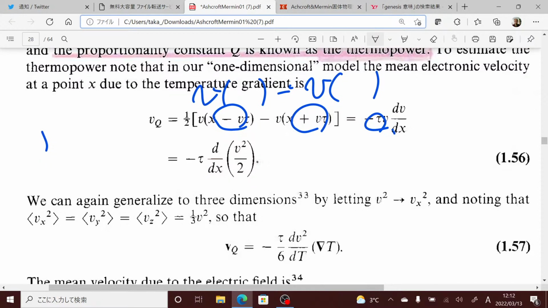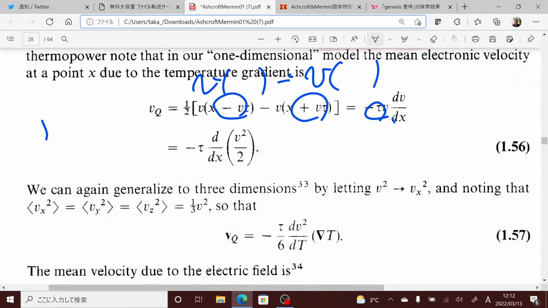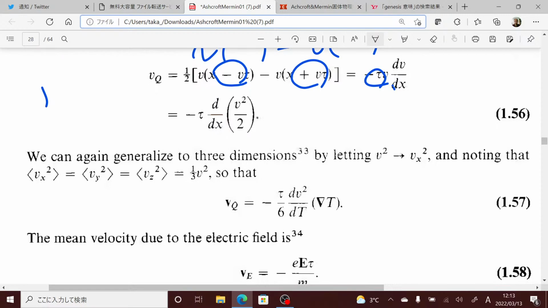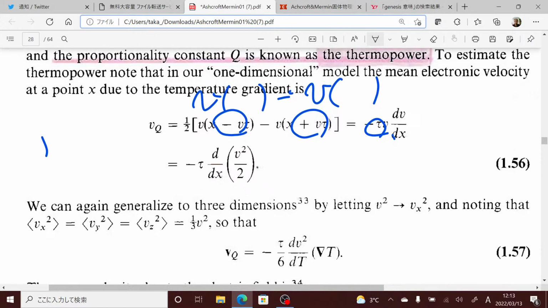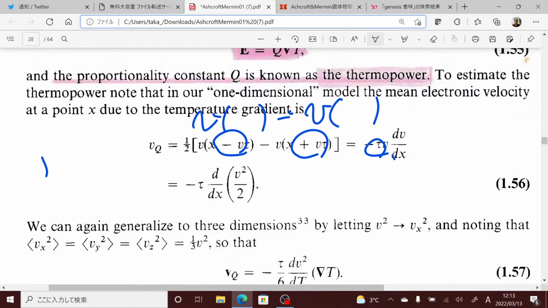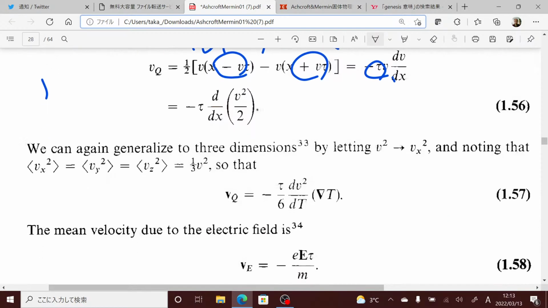We can again generalize to three dimensions by letting v squared go to v_x squared, and noting that the expectation of v_x squared equals that of v_y squared equals that of v_z squared, which is 1/3 v squared, so that v_Q is minus τ over 6 d v squared/dT times the temperature gradient.